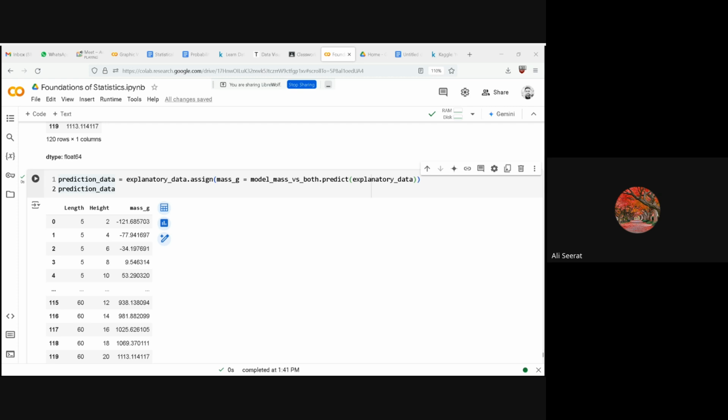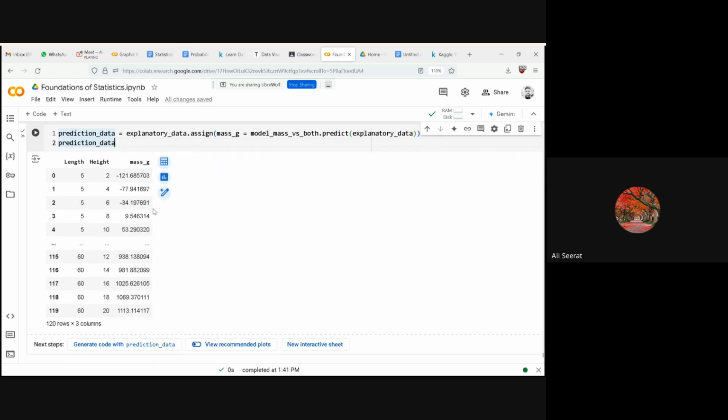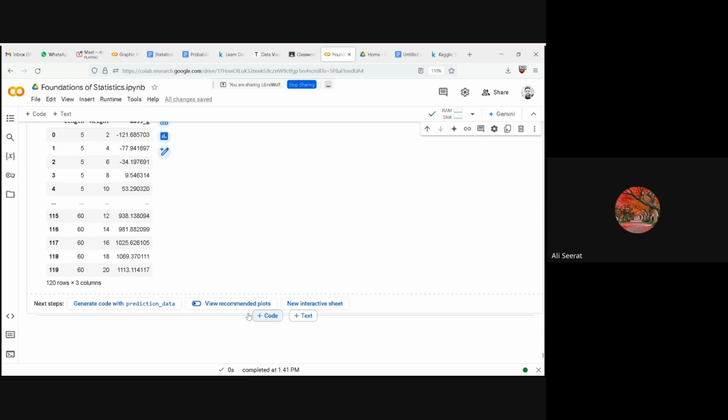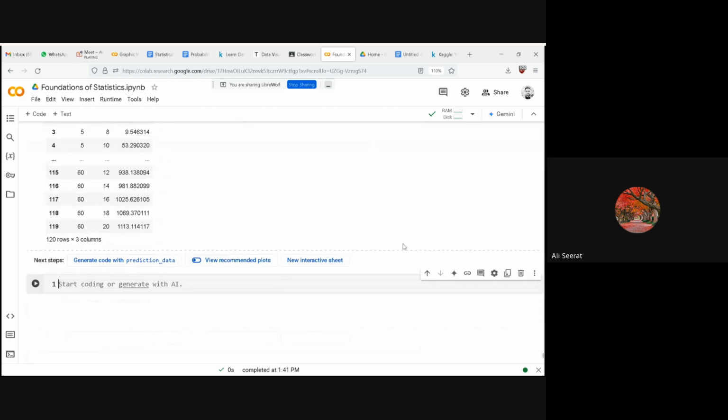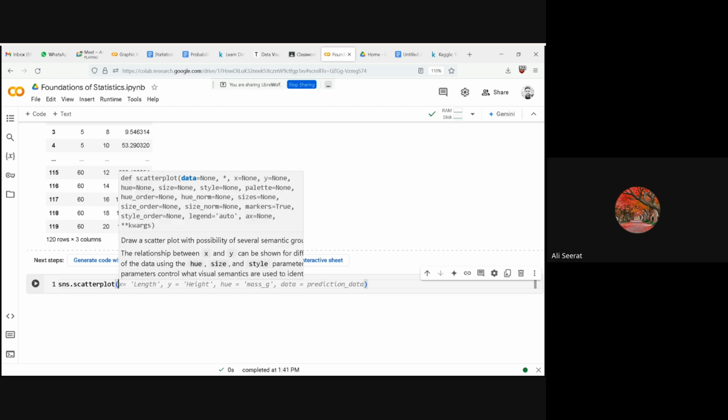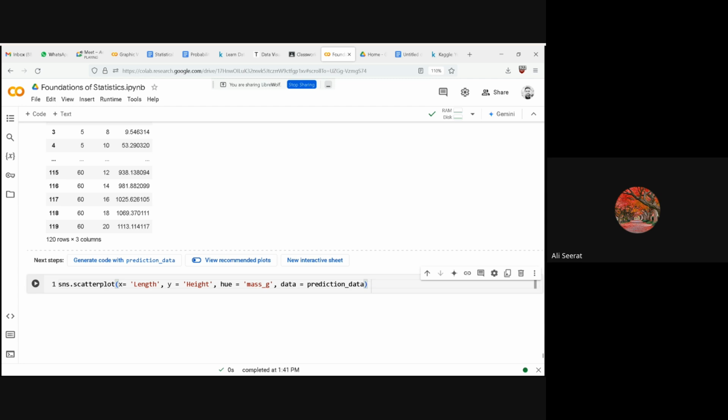Now let's plot this and see what we can understand from this prediction data. So we will be plotting an SNS scatter plot, where the hue will be the mass. This will be for the data from the fishes.